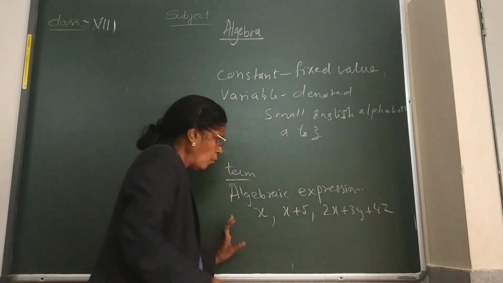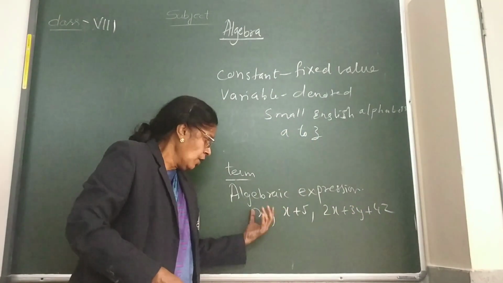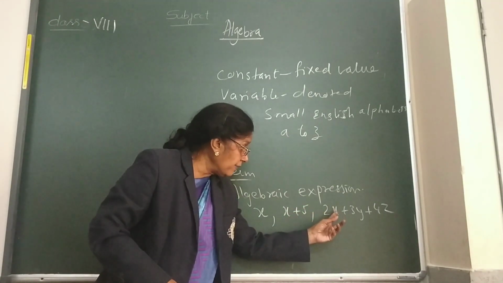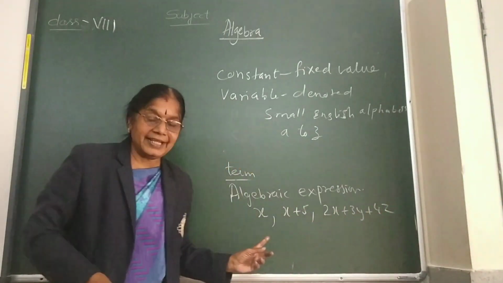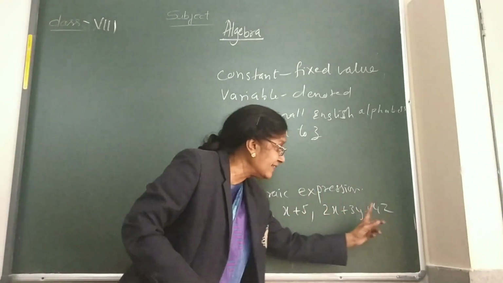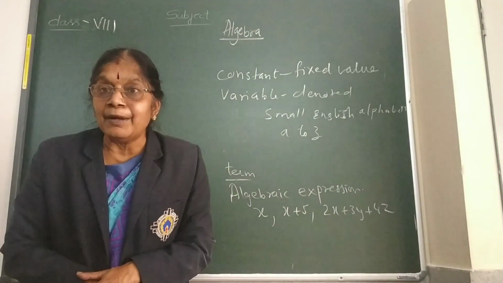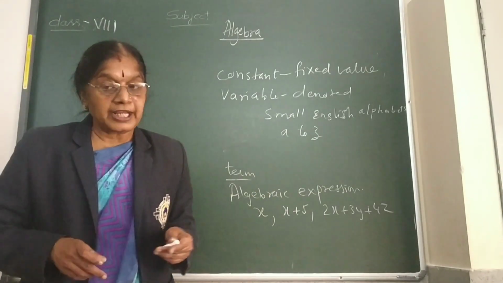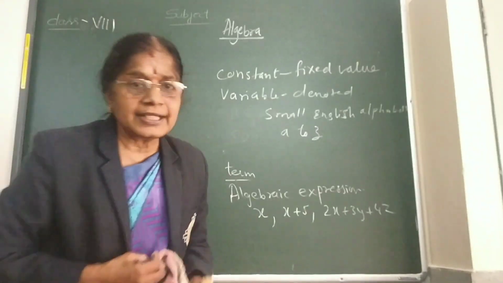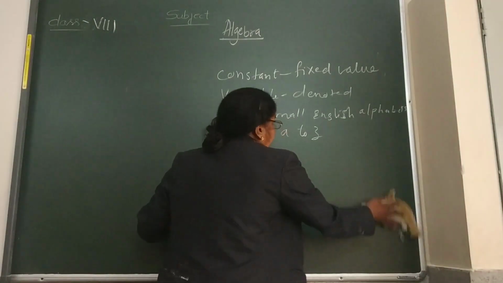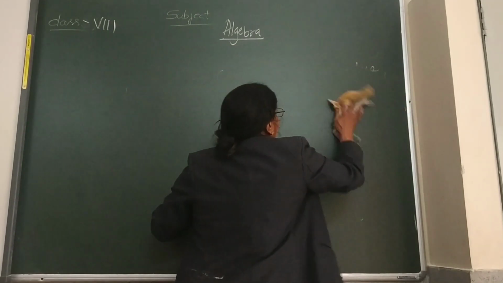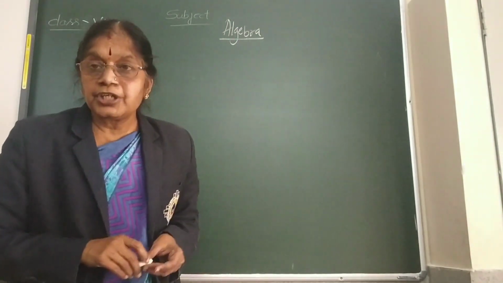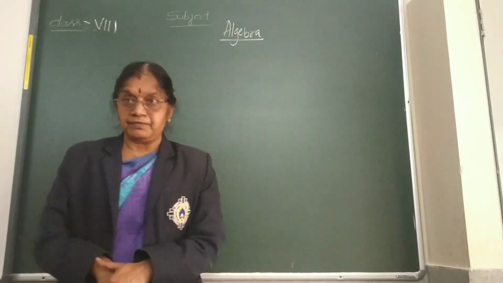All these are called expressions. A variable with a constant, with plus or minus sign in between them, is called an algebraic expression. So all these things we did in the basic terms of algebra: constant, variable, terms, and algebraic expression.